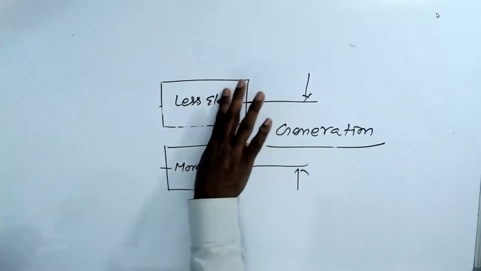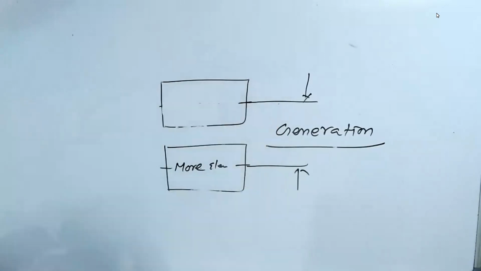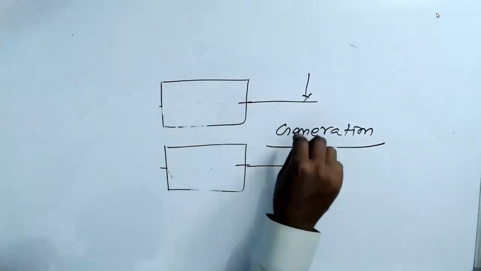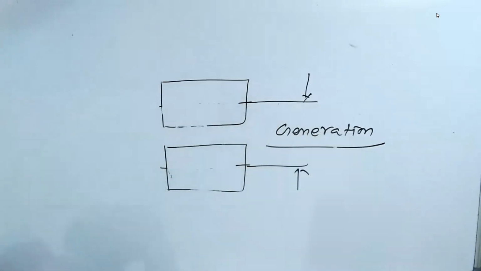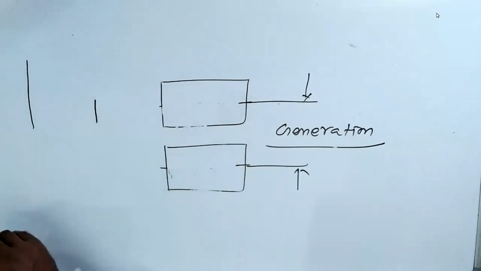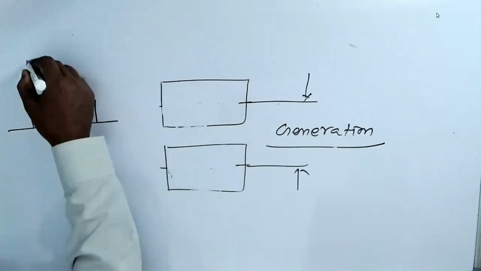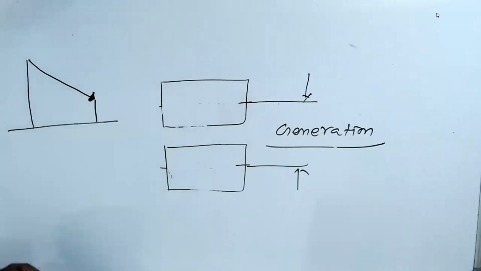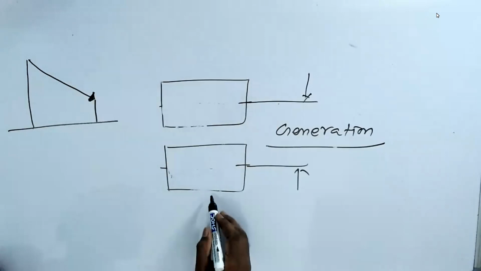Now, in one material, there are fewer electrons. In the other material, more electrons, free electrons. So a difference has come. Now, if one guy is having more money, one guy is having less money, then naturally the flow will take place. Am I right? Here it's the same way.